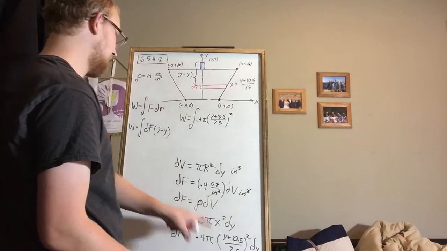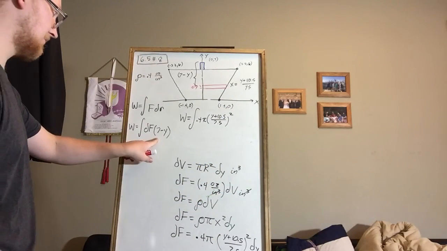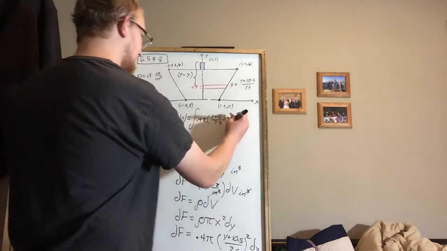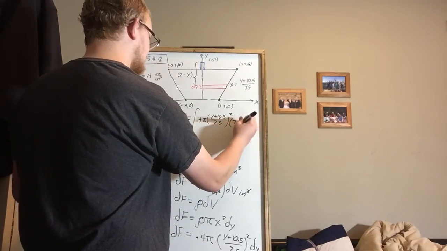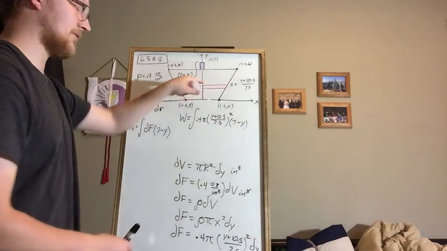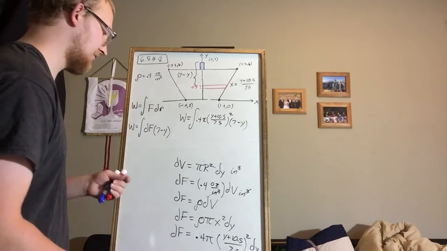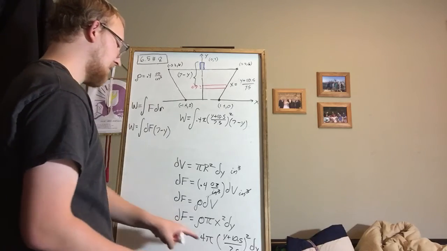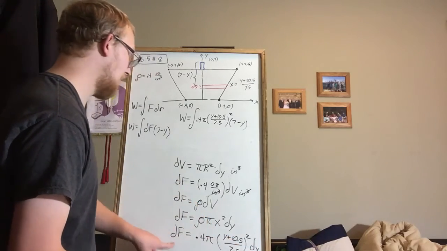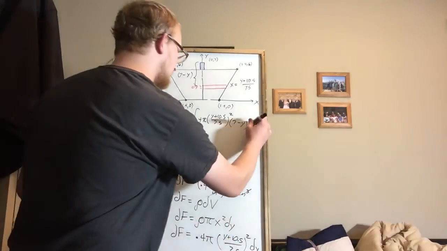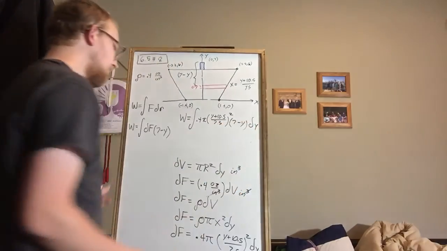And then remember we still have to do 7 minus y, the distance that each individual disc of water will have to travel. And of course, we still have the dy, which is part of the dF, to plug in here.